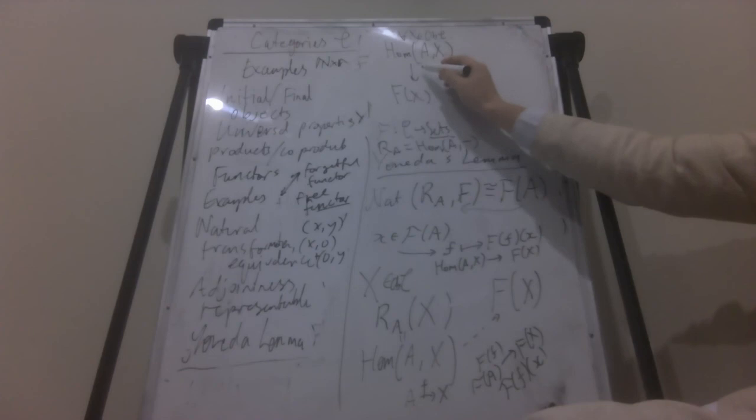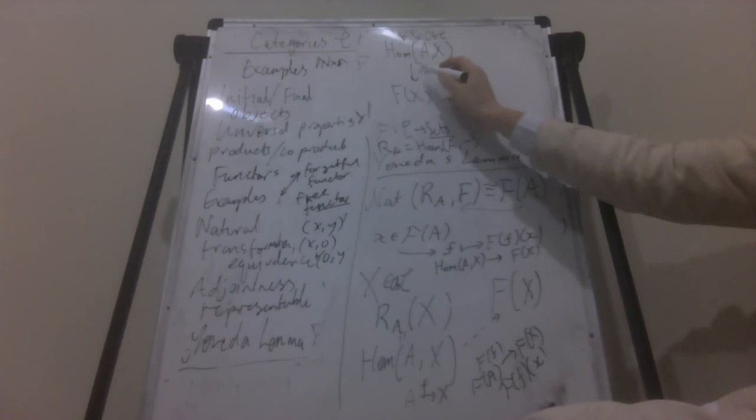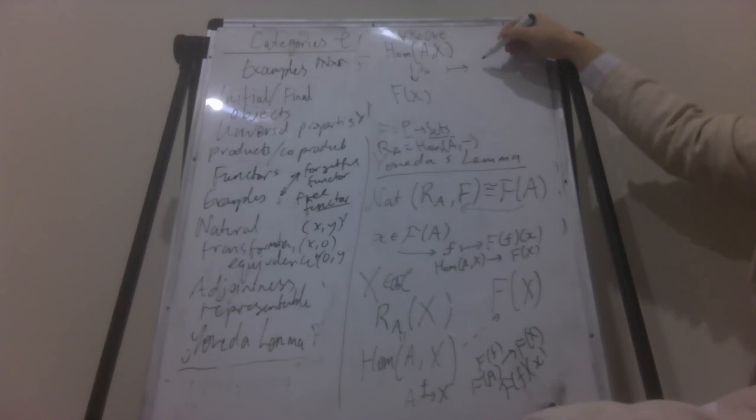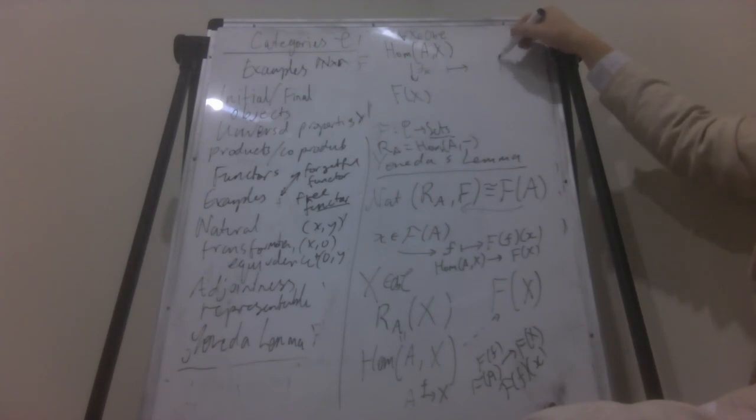So maybe we can call this F of X, right? It's one for each X. So from that, you want to get to an element of, so you want to get something in F of A, right?